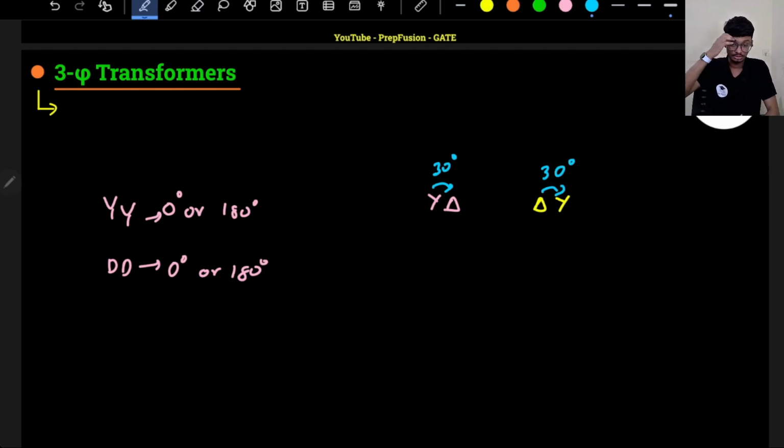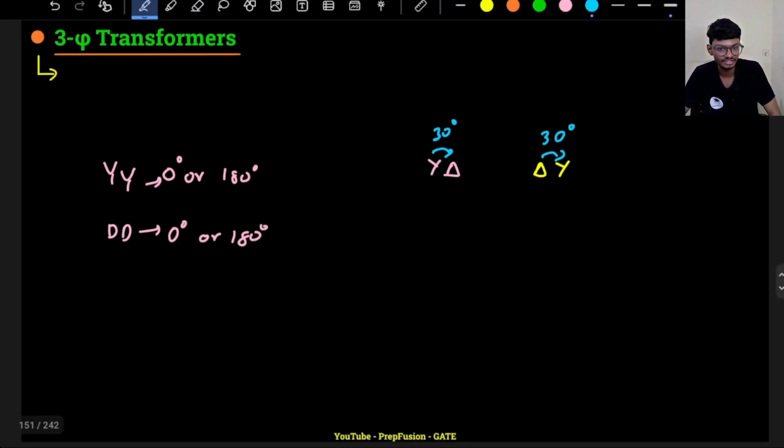Maybe we don't want that; maybe we want a phase shift of 0 only. So we want this feature.